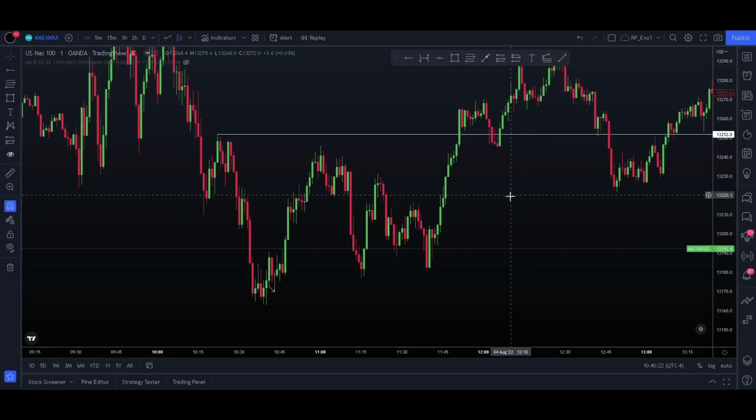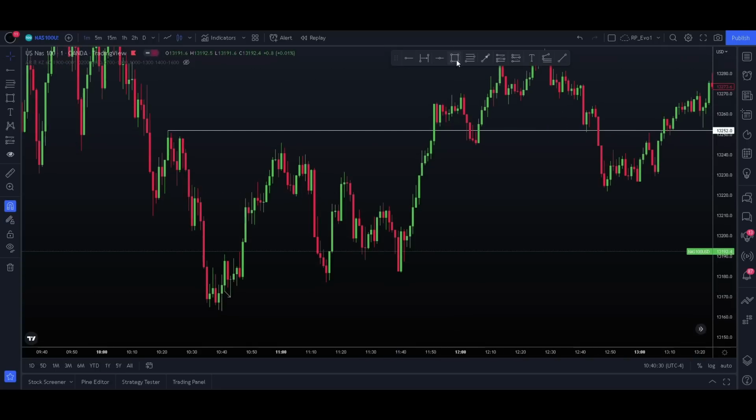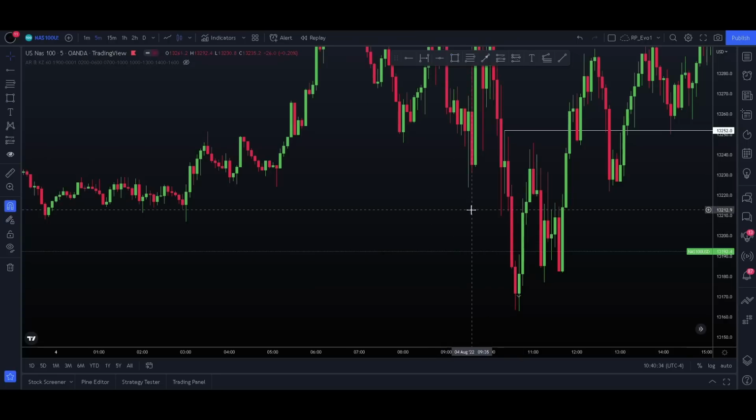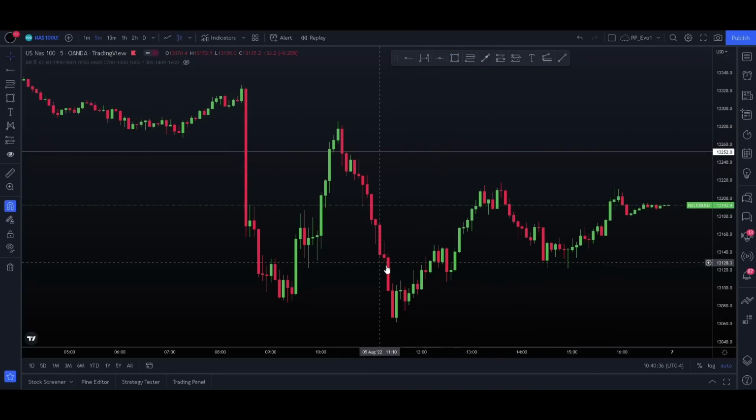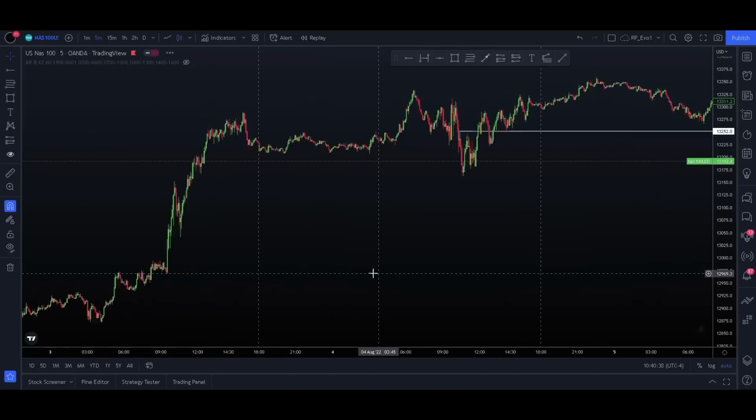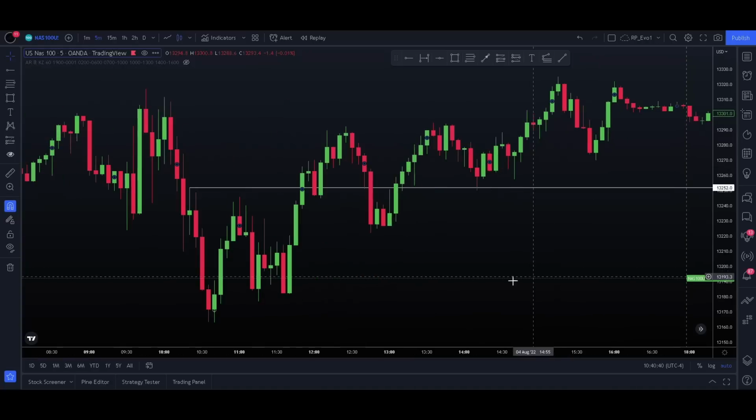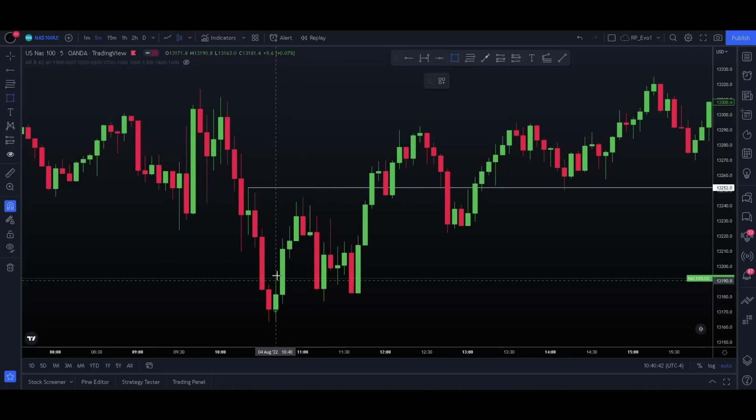And you could have entered again maybe here. Also, if you look at it, this was your inception model entry, overlapping gaps. You have a 5-minute imbalance here. Look, one here. Obviously, it's in a premium.